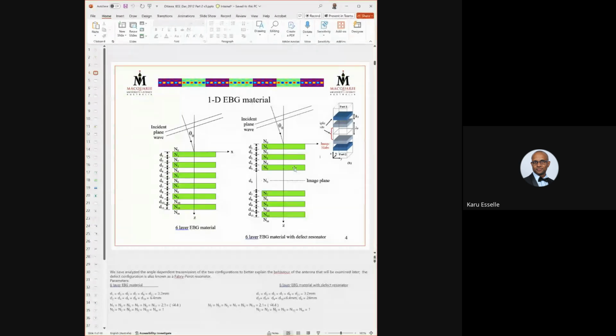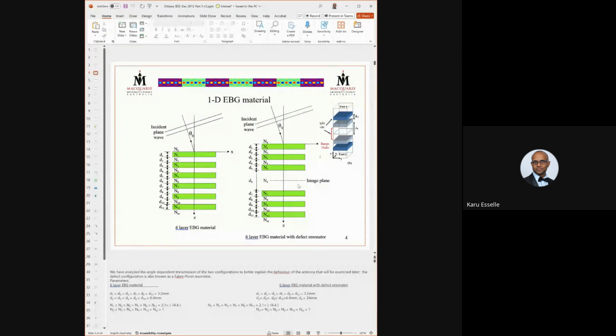So you have dielectric slabs and a defect. This is exactly what we have in our transmission line model. We have several slabs, that is the superstructure, and its image, and then double the cavity, and that is a defect. So we can analyze this using EBG theory.